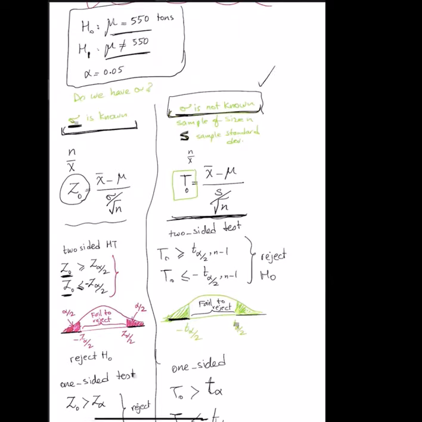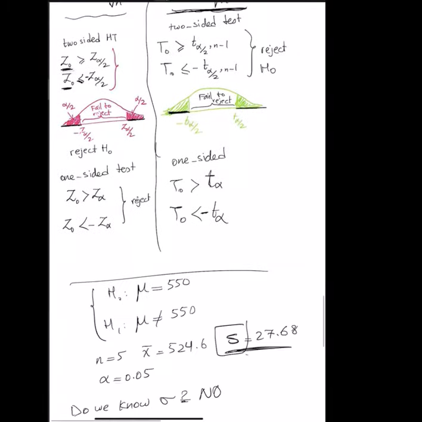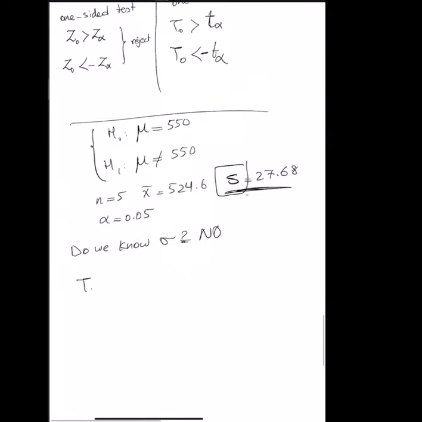Then T is X bar minus mu naught divided by S over square root of n.